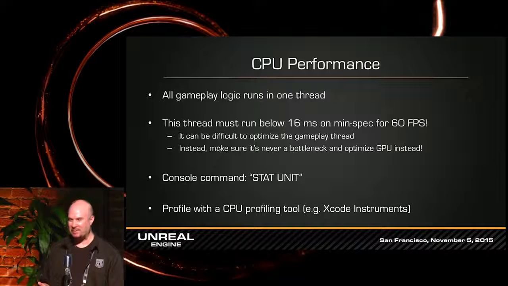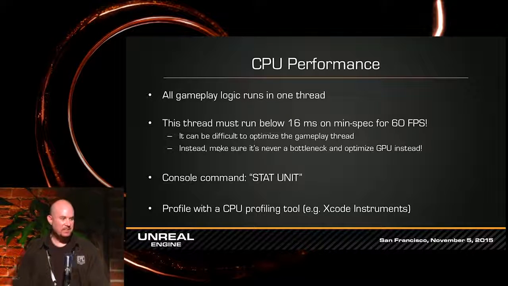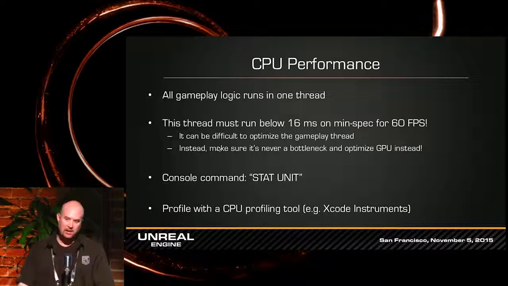The whole game is about the gameplay. So it's very difficult. I would highly recommend you design your gameplay so it will work on your min-spec device at 16 milliseconds per frame without optimizations. Make sure that you are GPU bottlenecked, not CPU bottlenecked, especially on the game thread.